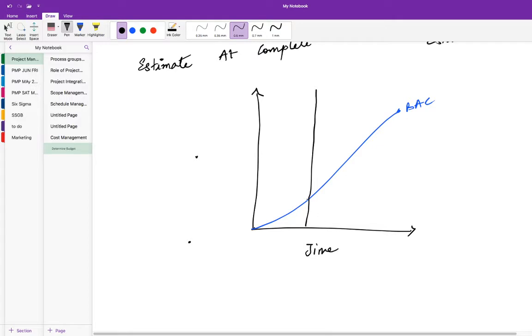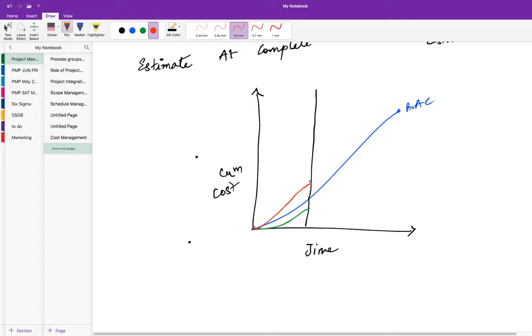On this date, you understand that your earned value is less, and your planned value and actual cost are more than the earned value. So what does it mean? You are not doing well either in terms of budget or schedule. You're behind schedule and you have a cost overrun. That's the meaning of this graph.